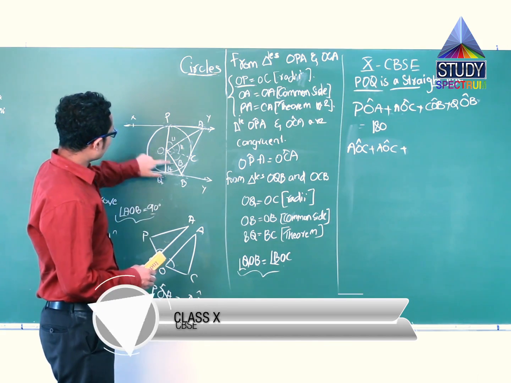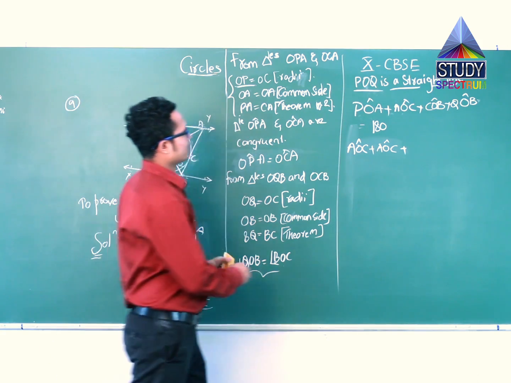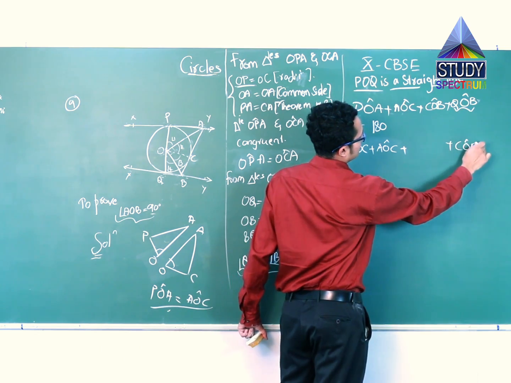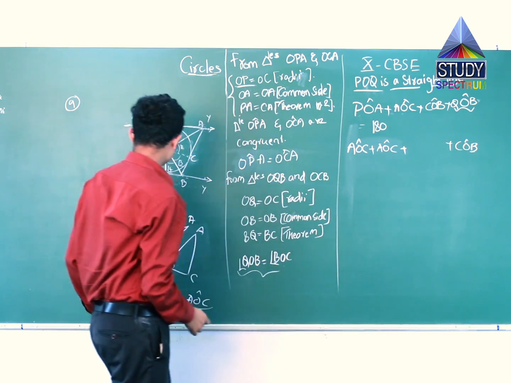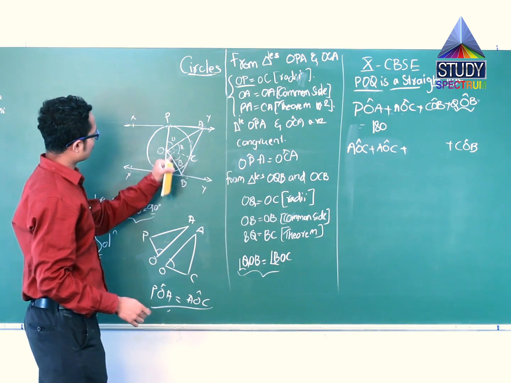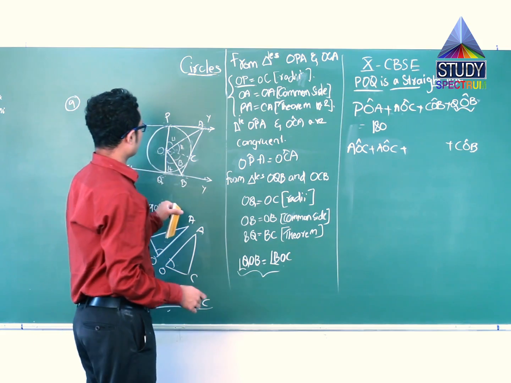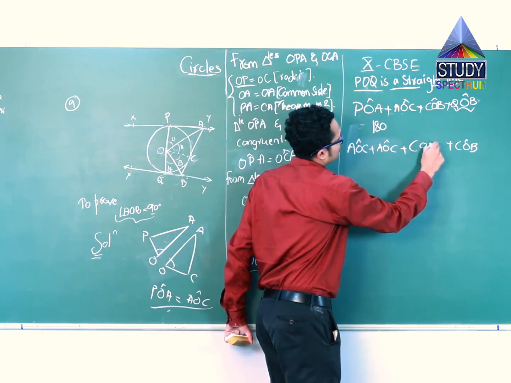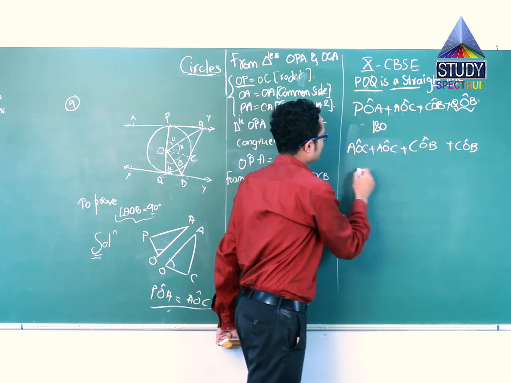In place of QOB we'll write COB. Angle QOB will be equal to angle COB. Angle 3 is equal to angle 4 in other terms. So therefore I'll just place this as it is. This whole sum is equal to 180 degrees.